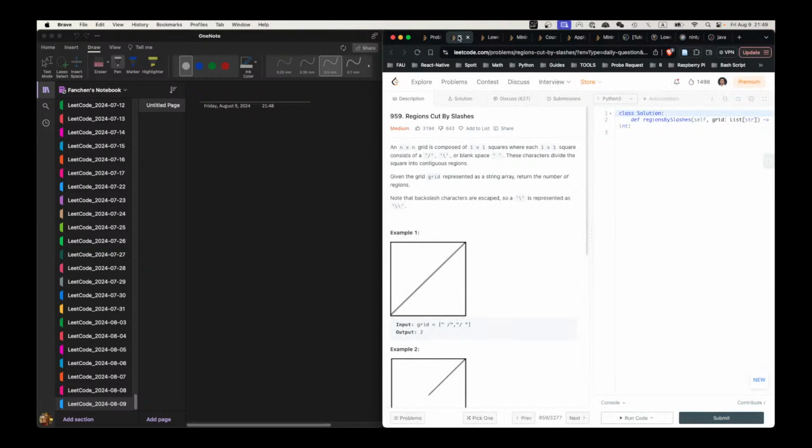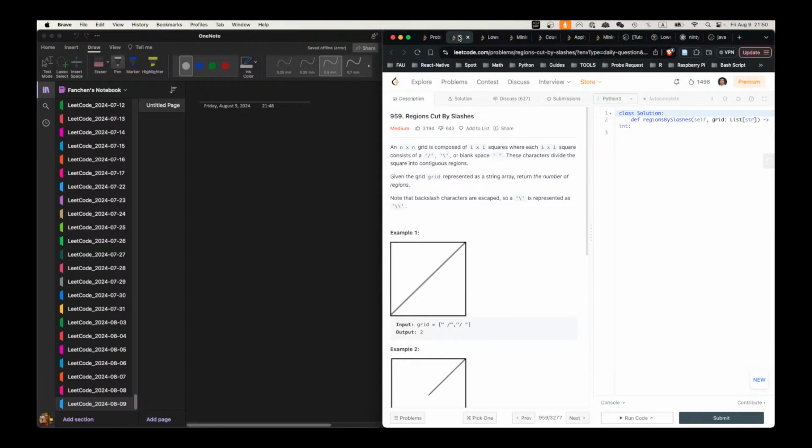Regions cut by slashes. An N by N grid composed of 1 by 1 squares, where each 1 by 1 square consists of a slash, backslash, or blank space. These characters divide the square into contiguous regions.